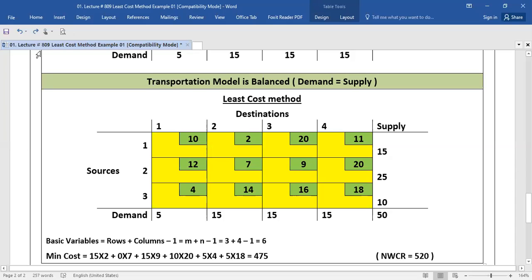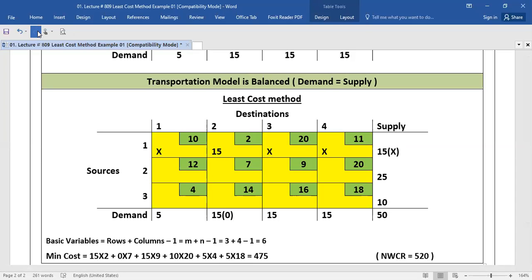Here we put 15, put a cross on the row side and put 0 on the column side. As a cross appears in the row, we put cross signs in the blank cells of its row. So our first source is completely satisfied.